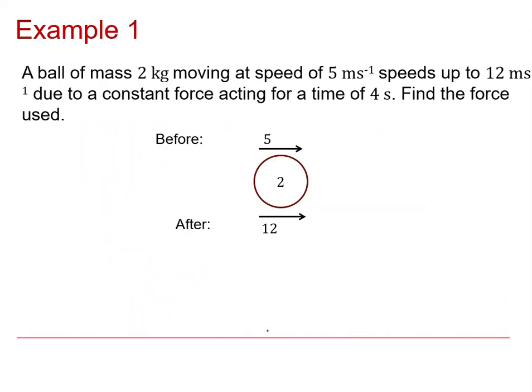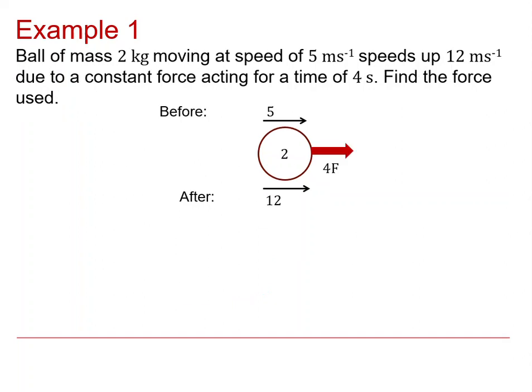Well, let's look at these ideas in a simple context. There's a situation described in exactly the way we exemplified before. The initial speed is above and the final speed is below, and we want to find the force used. Now, instead of doing it using force and acceleration, we're going to do it by the impulse momentum principle.